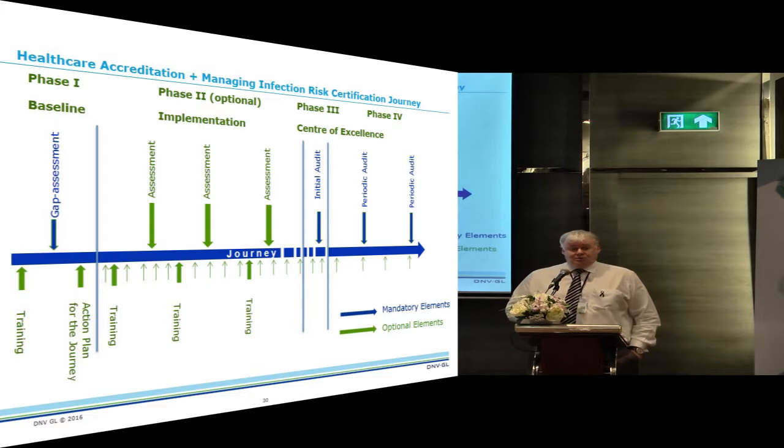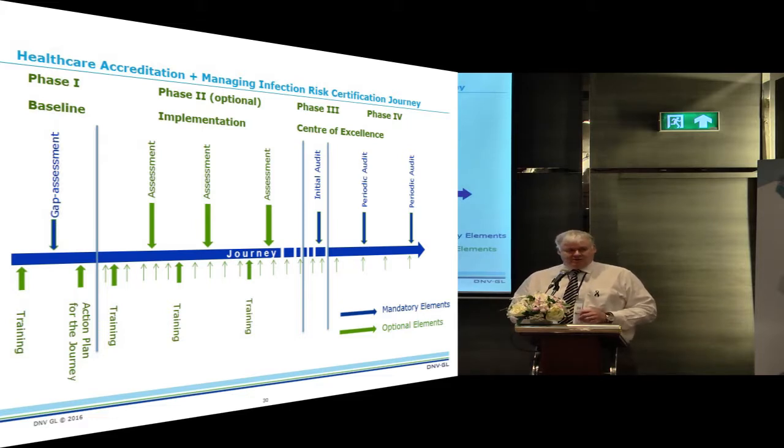So the hospitals who are doing MIR, the ultimate objective is to become certified as a center of excellence. And it takes a little bit of time. It takes quite a lot of thought. Poor Jania's going to talk about some of her wonderful experiences of sitting in a room with me for many hours talking about infection control. But it really is something that you need to take a step back.